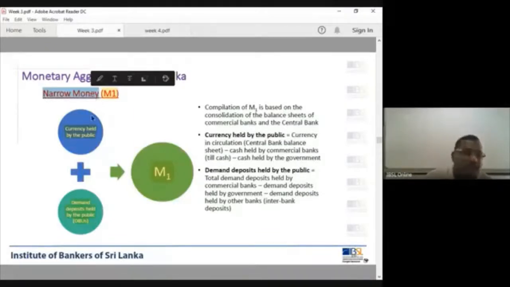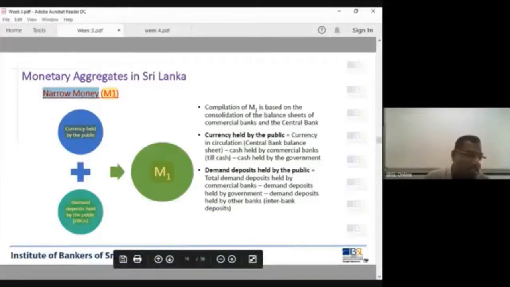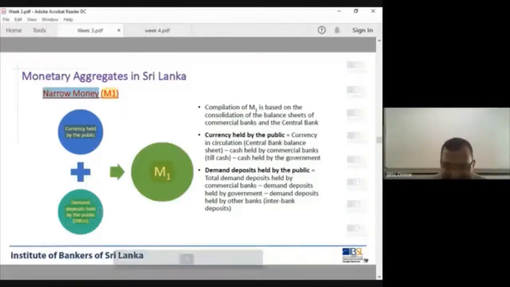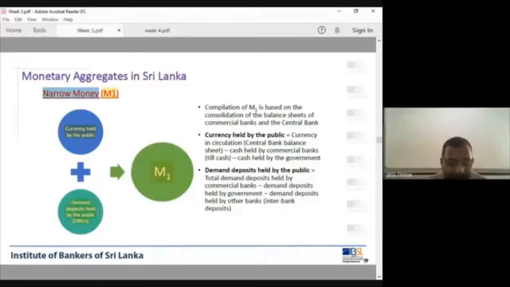How do you know it's liquid? Currency is very liquid, isn't it? 100% liquid. What do you mean by demand deposits? Can anyone tell me what demand deposits are in commercial banks? Current accounts, exactly. So current accounts are very liquid. Why do you call it very liquid?